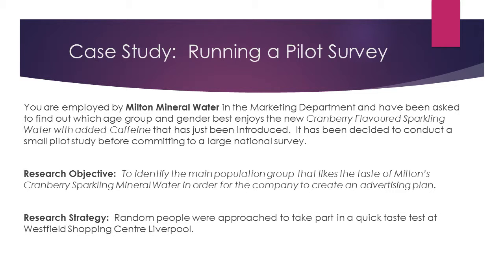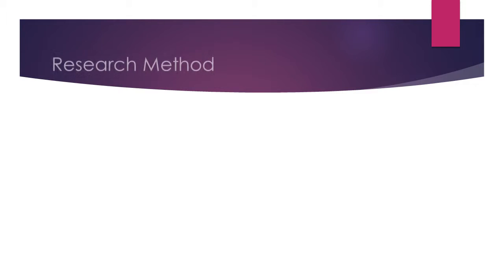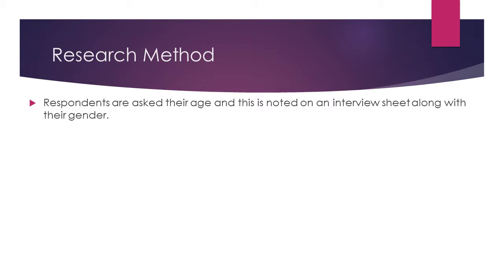The strategy: random people were approached to take part in a quick taste test at Westfield Shopping Centre, Liverpool. The research method: respondents are asked their age, and this is noted on an interview sheet along with their gender. So how old are they, and are they male or female?